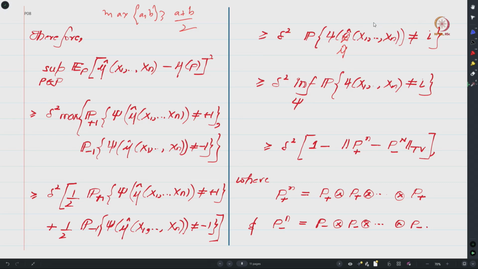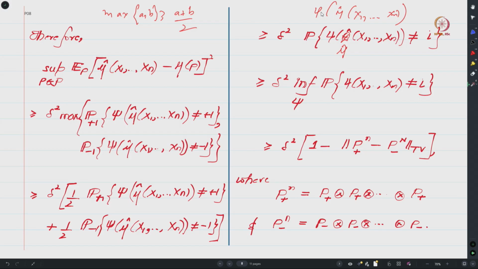Is this okay? And now what we can do is this psi of mu hat of x1 to xn, this is one way to figure out what the hypothesis is.